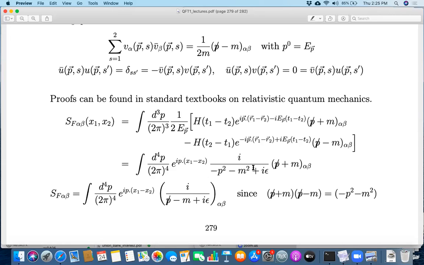It will put the i epsilon exactly in the same place. So that's why I have written this as 1 over (p slash minus M plus i epsilon). So when you apply this, you will find that this becomes minus p squared minus (M minus i epsilon) whole squared. But that's equivalent to what we have here. Are there questions or comments?